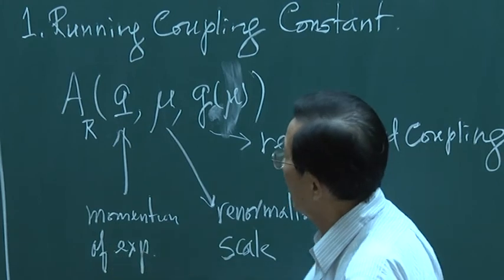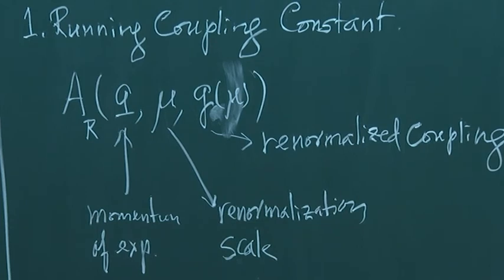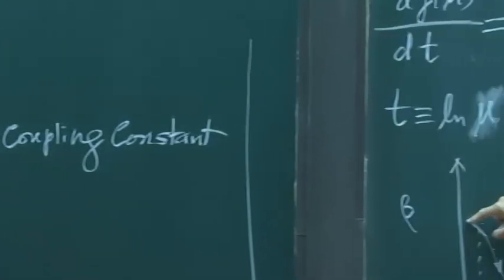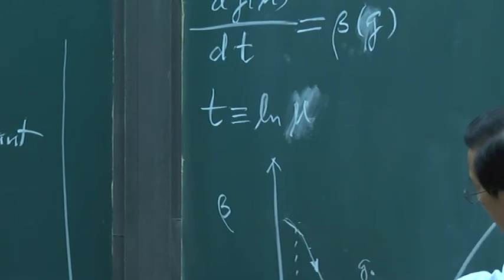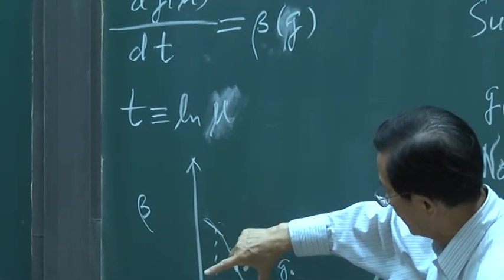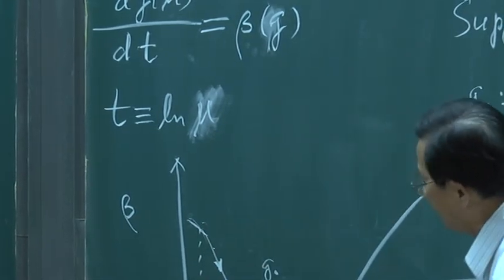You cannot say, I will pick a small value of coupling constant and then do perturbation to it and compute things, because once you increase the momentum, the theory tells you that the appropriate coupling constant is here, not here. And the distance between here and there is finite, and so you cannot use perturbation theory.